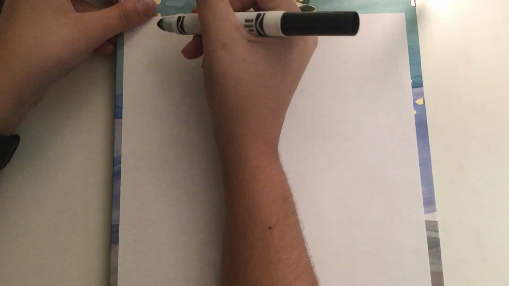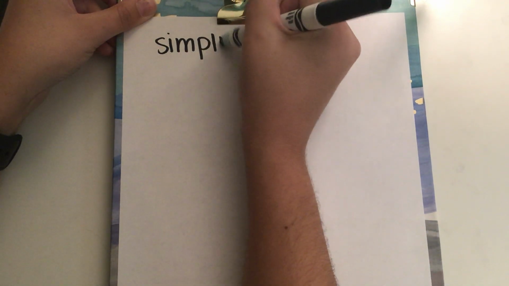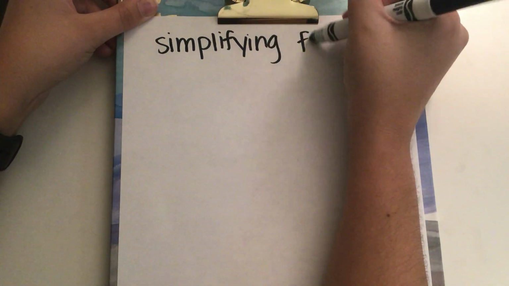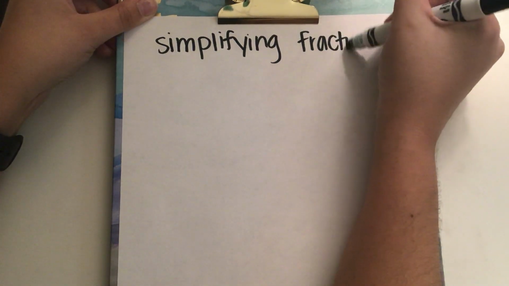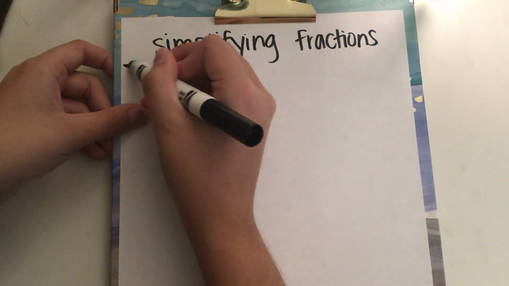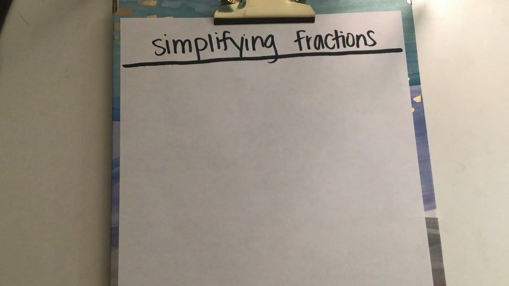So you're going to start with your blank sheet of paper, and at the top you're going to write simplifying fractions. Draw a big line underneath so we know that our title is simplifying fractions.